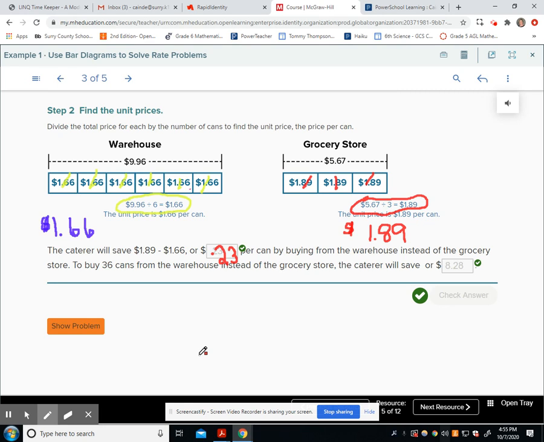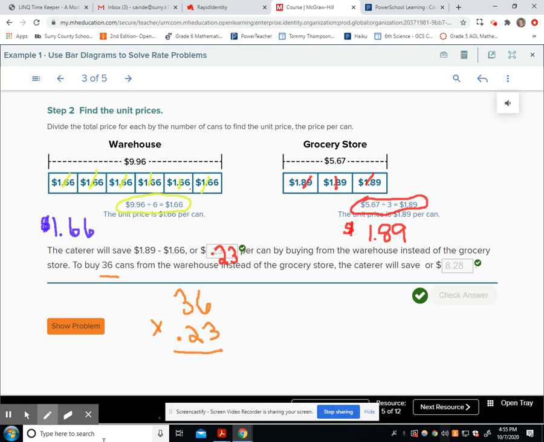Now, you can really save some money if you need to buy a lot of cans, and that's what the caterer needs to do. The caterer needs to buy 36 cans from the warehouse. Now, that means that the caterer would save 36 times 23 cents by shopping at the warehouse.